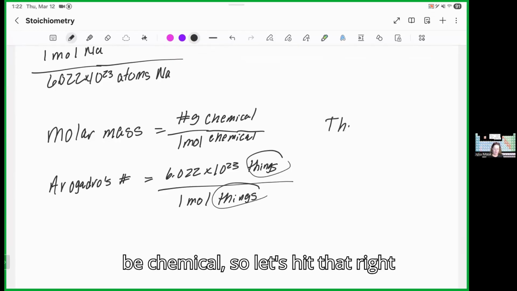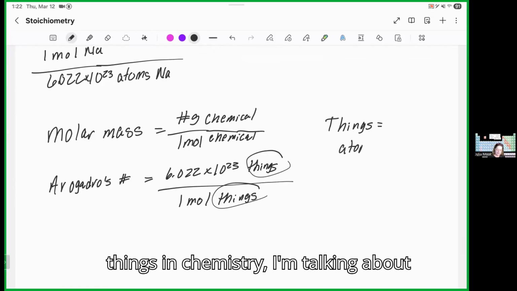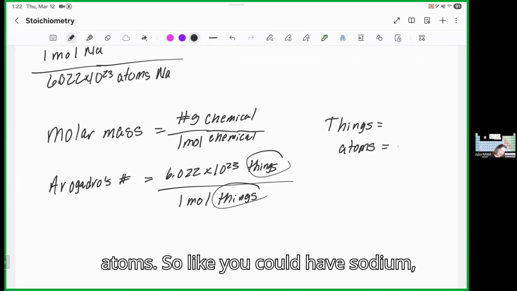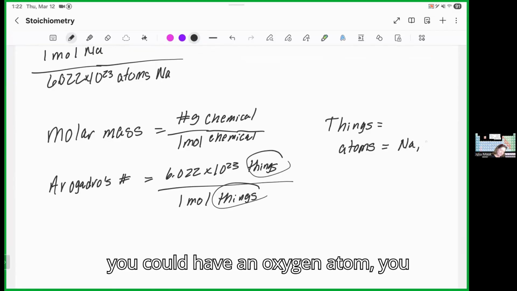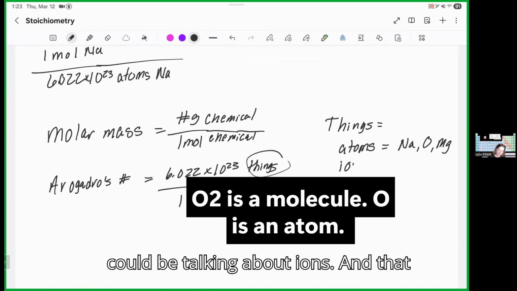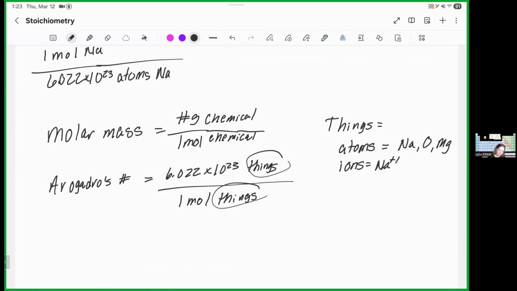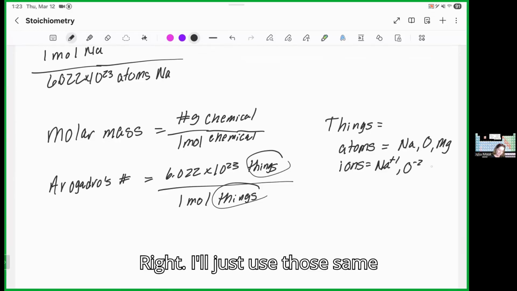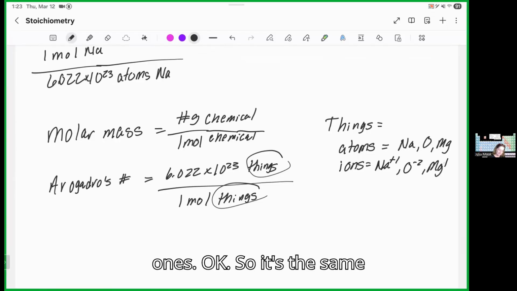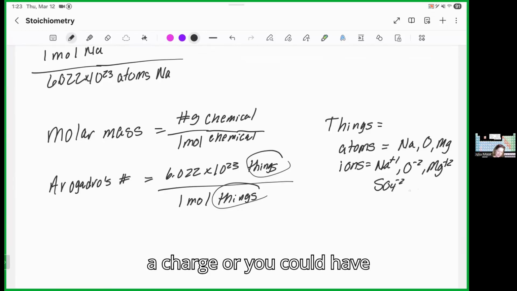Okay, so when I talk about things in chemistry, I'm talking about atoms. So like you could have sodium, you could have an oxygen atom, you could have a magnesium atom. Okay, I could be talking about ions, and that would be when they have a charge. I'll just use those same ones. It's the same thing, just when they have a charge, or you could have your polyatomic ions, right?